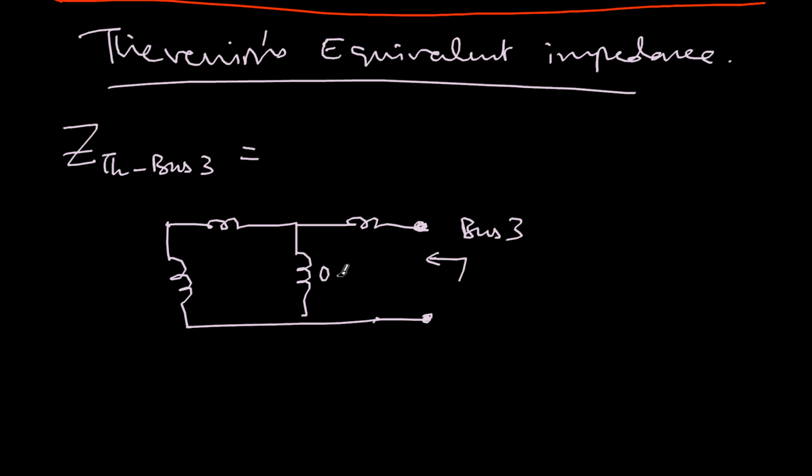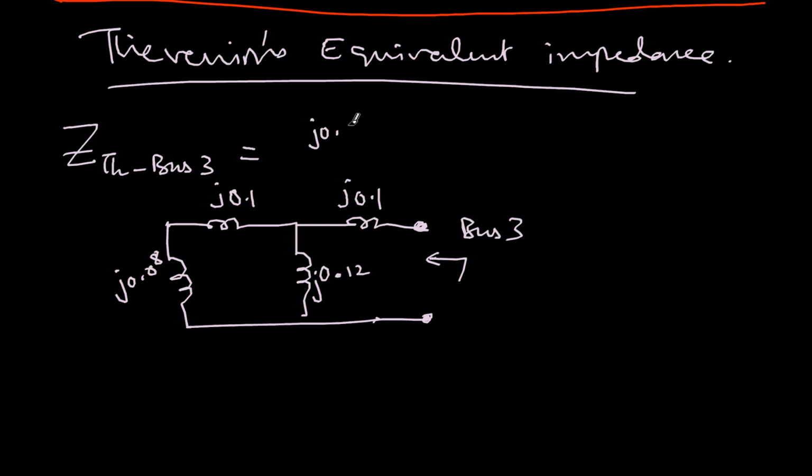This is 12%, this is 8%, this is 10% or 0.1, and this is also 10%. So what is the impedance? These two are in series and that is in parallel with this, and then overall is in series with this.